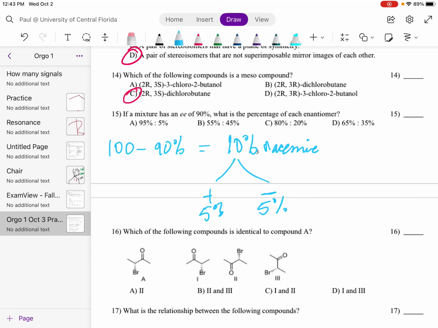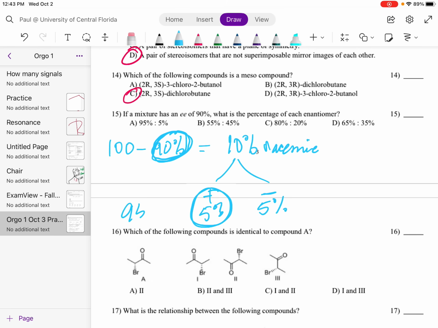And so what's the percentage of each enantiomer? Well, we have 90% in excess. And let's just say 90% excess in the positive enantiomer. So we have 90 that's in excess plus the 5 that's racemic.